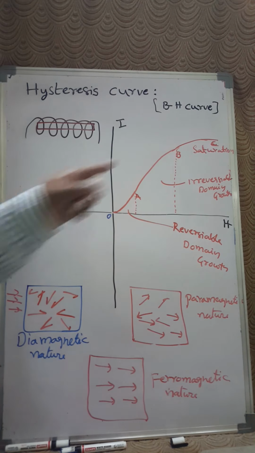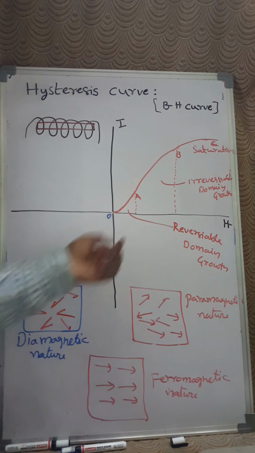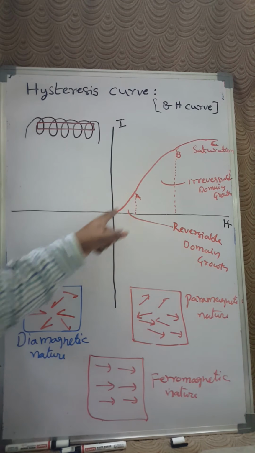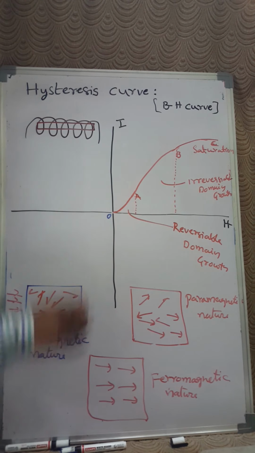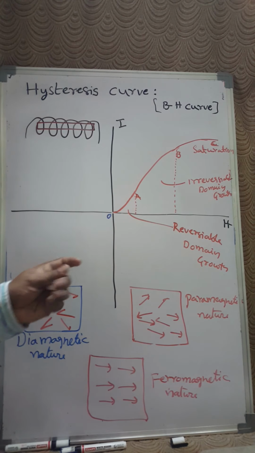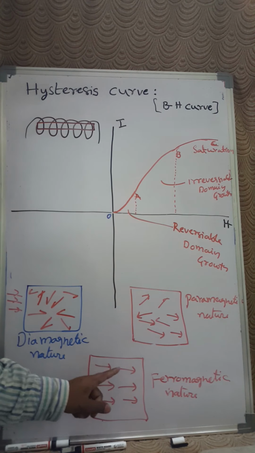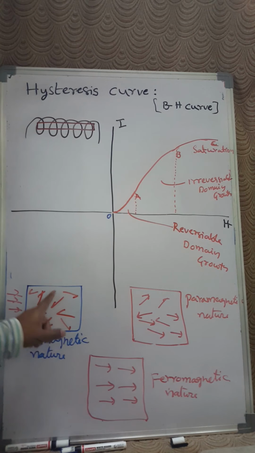Right? Now, after reaching the saturation point, if we reduce the applied magnetic field and the material comes back along the original path, then you can say that it is a reversible process. But generally it will not occur. Why? Because the spins which are aligned in the field direction may not come back to the initial position.